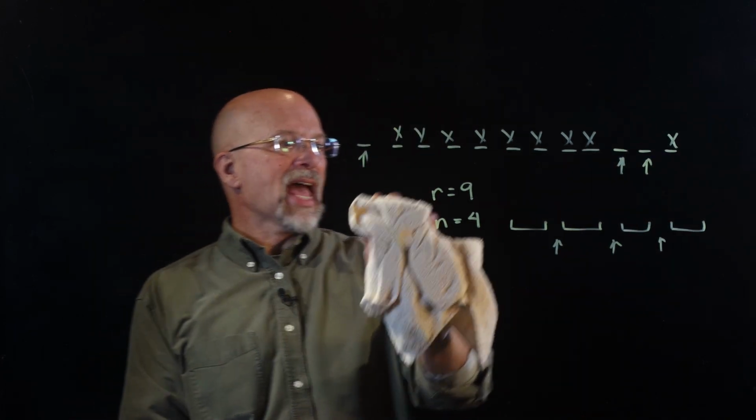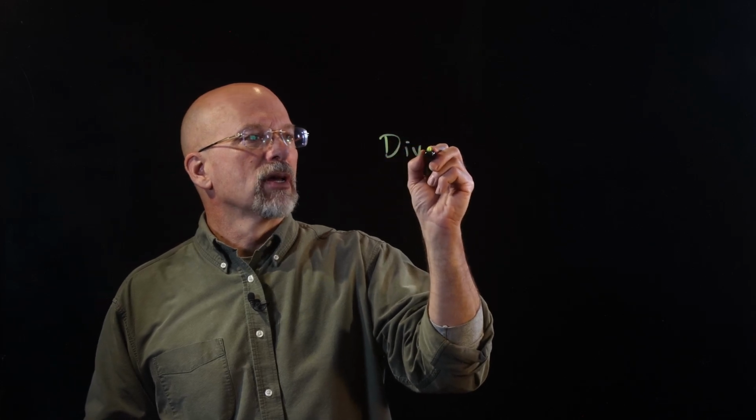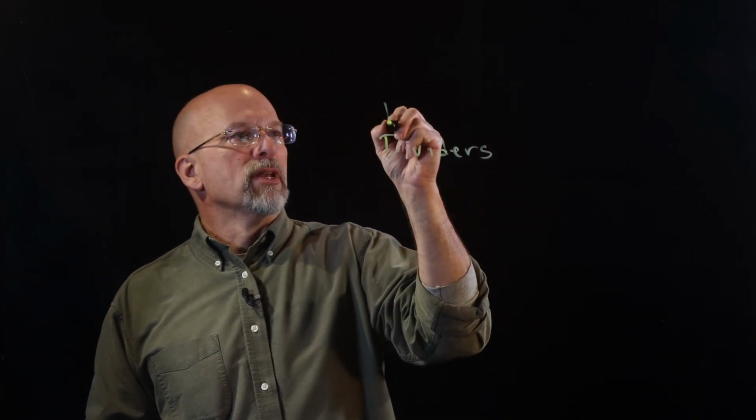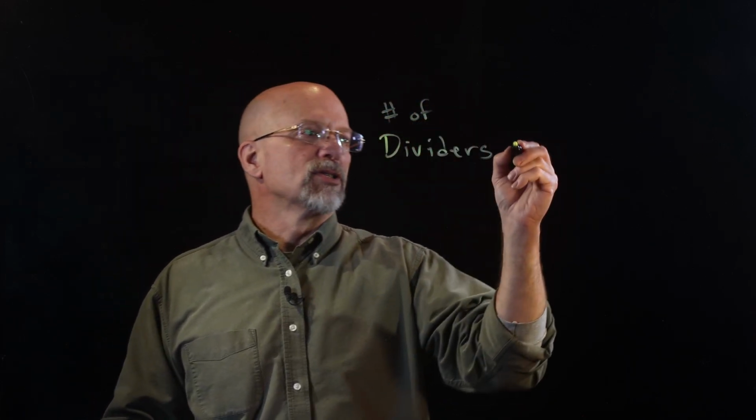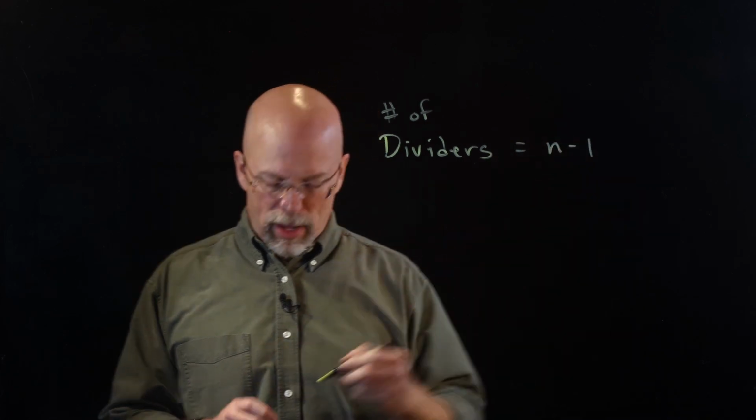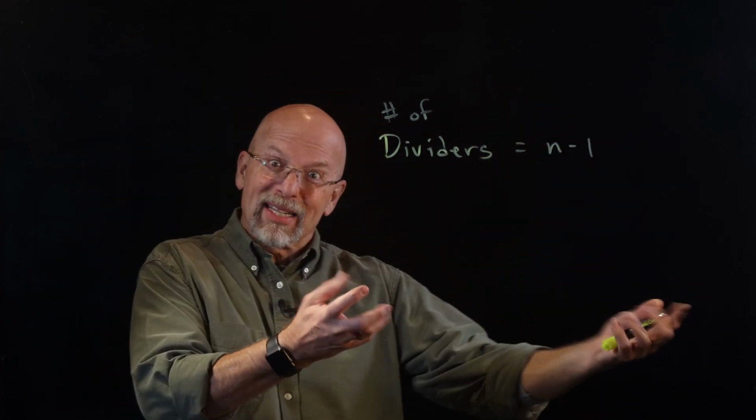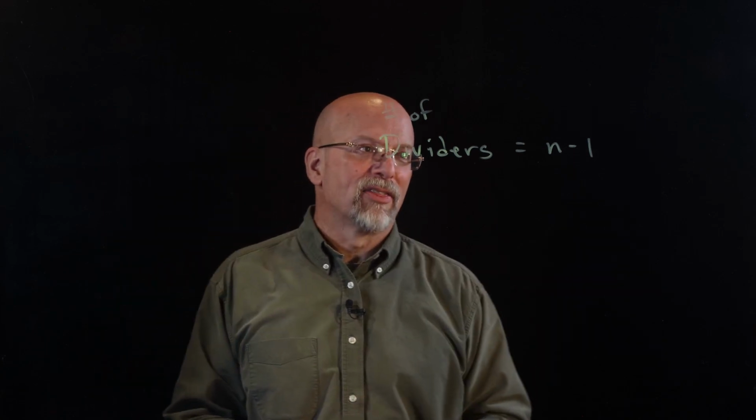So what this is saying is, how many dividers do I need? Well, the number of dividers equals N minus 1, right? So I had those 4 buckets, I needed 3 spaces to divide them off.